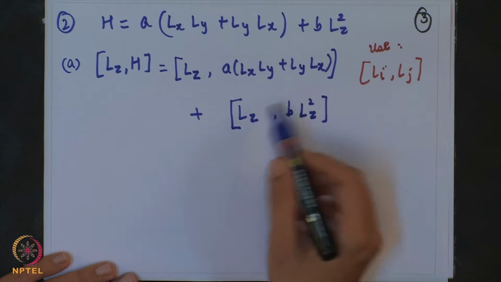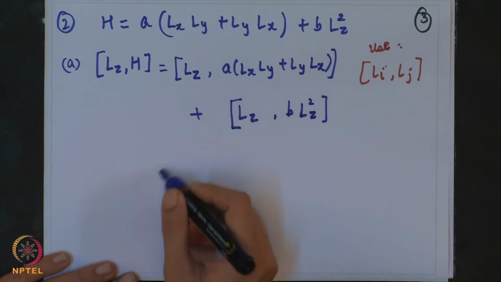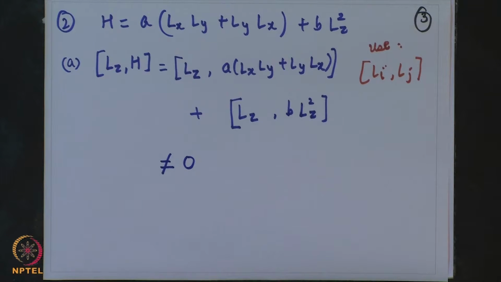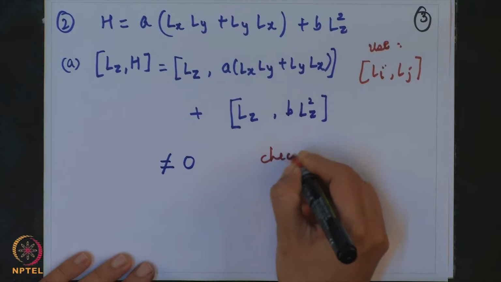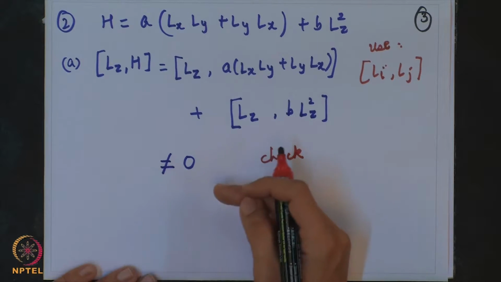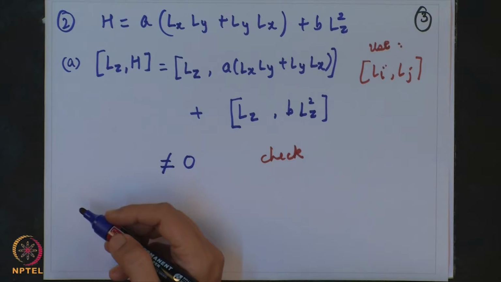The second term will give me 0, the first term will give some result. So, this result is not equal to 0, you will check this and obtain the non-zero value. You have to obtain the non-zero value also. So, this was the A part.